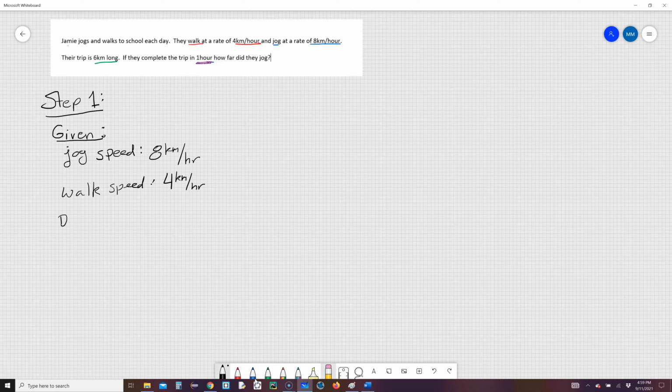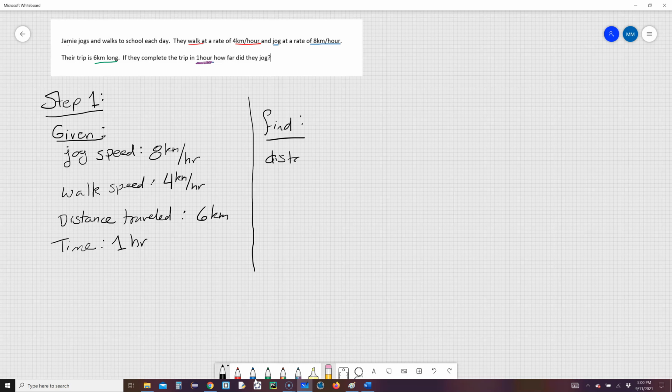The total distance walked, or ran, or both, better way to say that, distance traveled, is 6 kilometers, and the time it took was 1 hour. What we are asked to find is the distance jogged. I'm going to call that J.